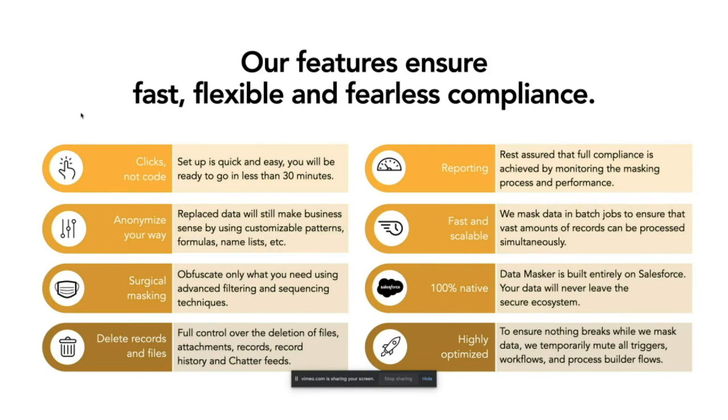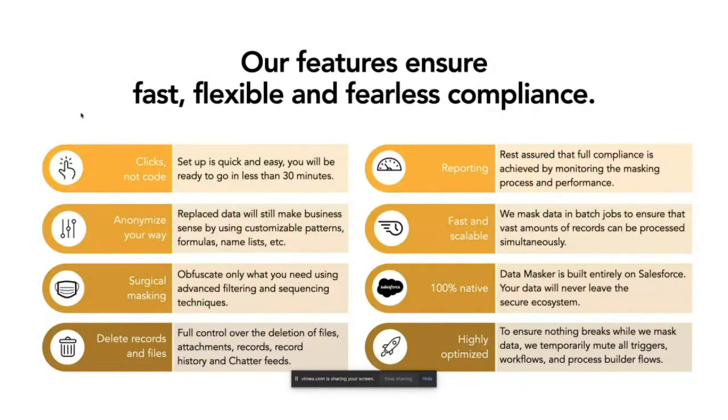Data Masker is also very capable in terms of what records it will mask. So you can apply a where clause type filter, and essentially you can tell Data Masker what records to mask. A great example is if you have contact records and maybe the contact record type is customer or ex-customer. You want to mask customer records and you want to do a different treatment to ex-customers, maybe delete them.